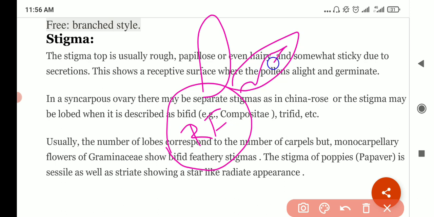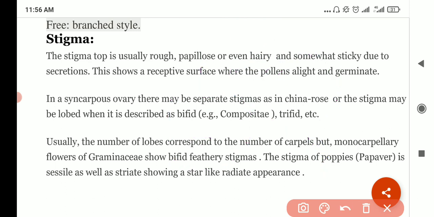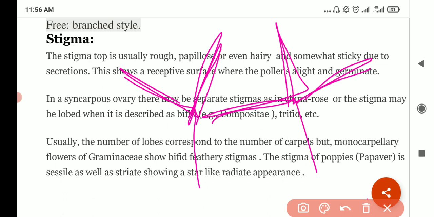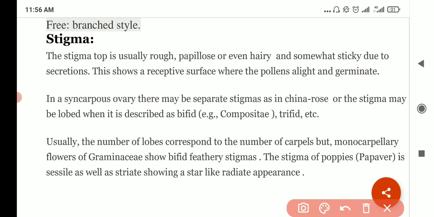There is one ovary here, and the style is like this. Bifid means a Y shape, like a V shape. Trifid means it has three: one, two, three. Bifid will be like a V shape.